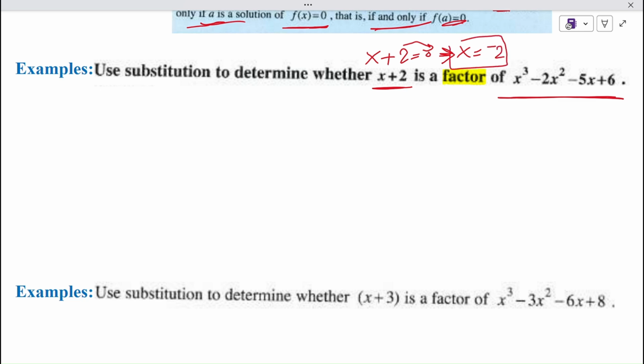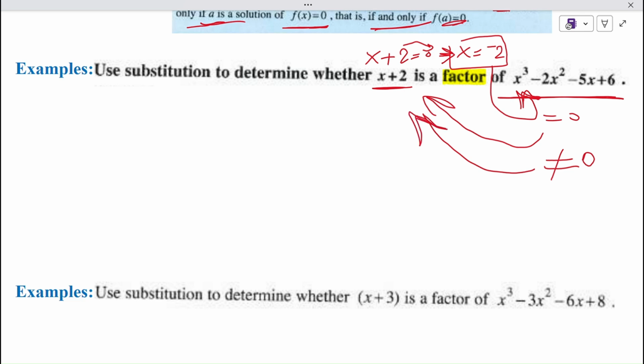So just substitute this minus 2 in this polynomial. If this polynomial is equal to 0, so this is one of the factors of this polynomial. If it doesn't equal 0, it means this factor is not one of the factors of this polynomial.